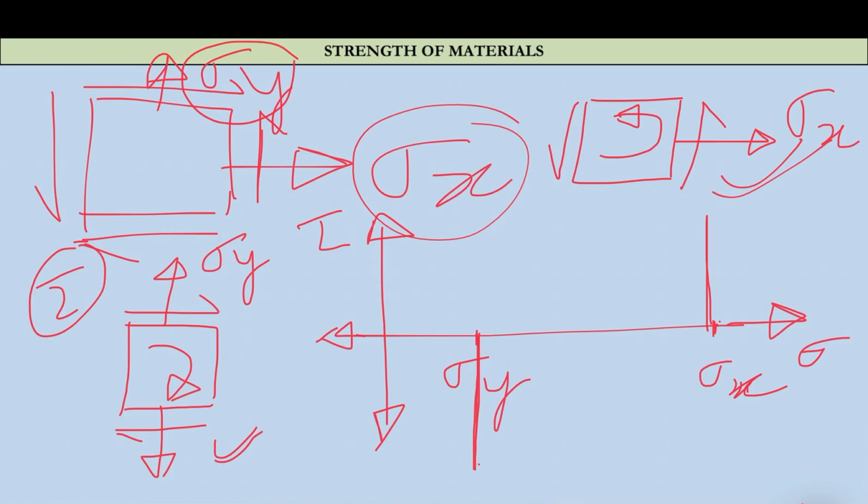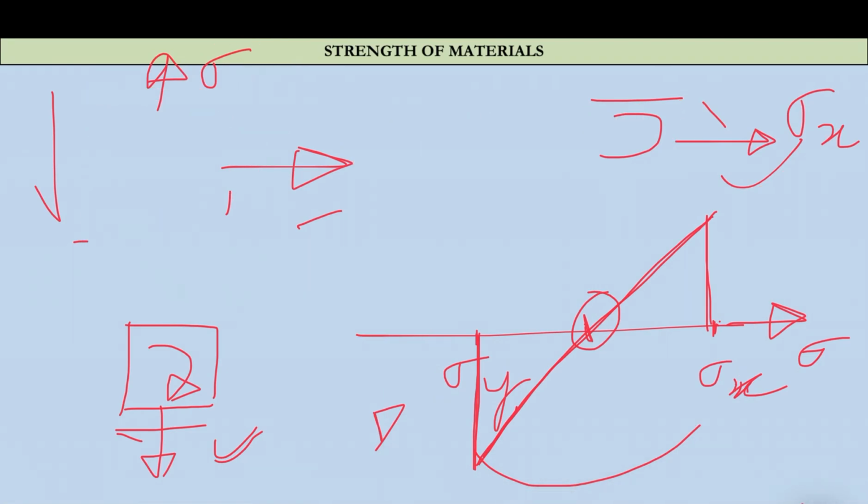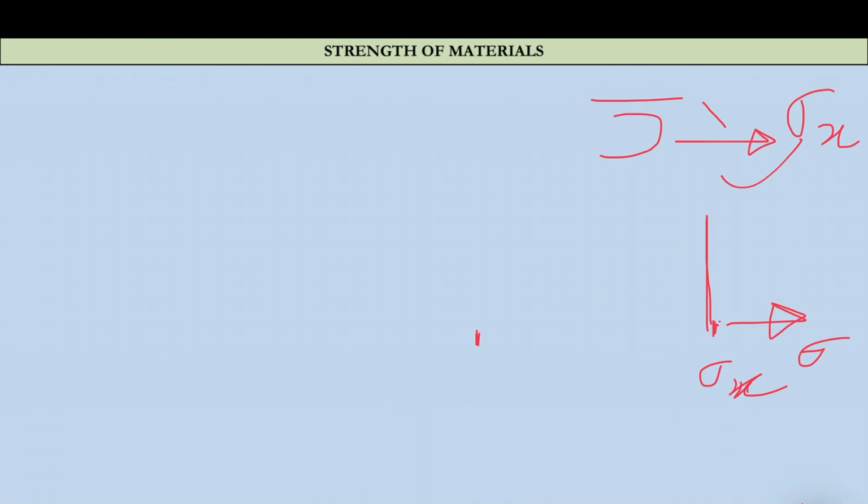Now we have these two points, just join them; this will become your center, and if it is a diameter of a circle, the circle will look something like this. Okay, let me draw this in a clearer way so that you have a better understanding of what I am trying to say.